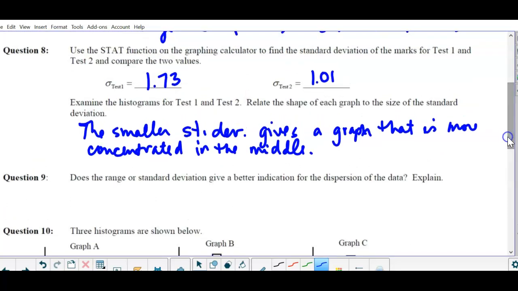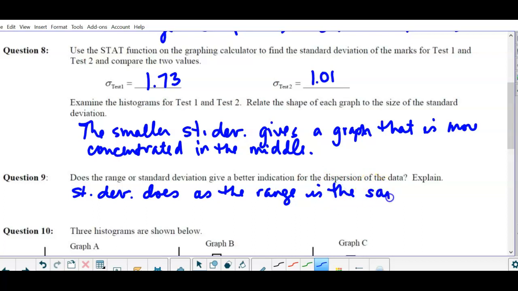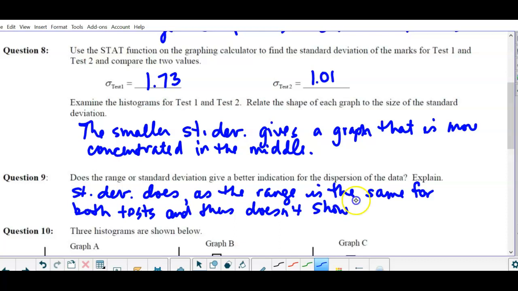So in this case, the standard deviation does, as the range is the same for both tests and thus doesn't show how they are spread out.